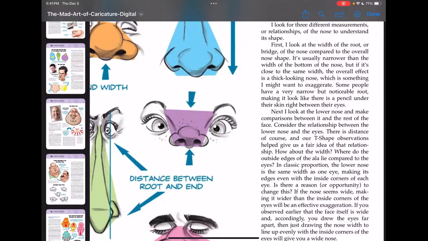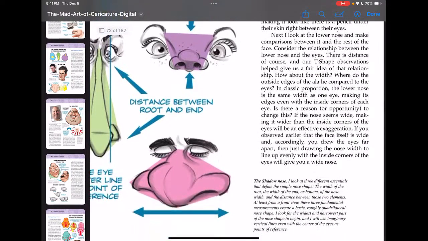Is there a reason, or does it seem wide? Making it wider than the inside corners of the eyes will be an effective exaggeration. If you observed earlier that the face itself is wide, and accordingly you drew the eyes far apart, then just drawing the nose width to line up evenly with the inside corners of the eyes will give you a wide nose.